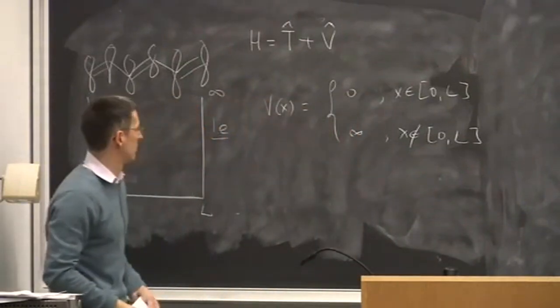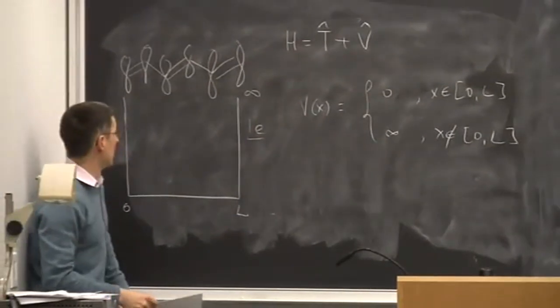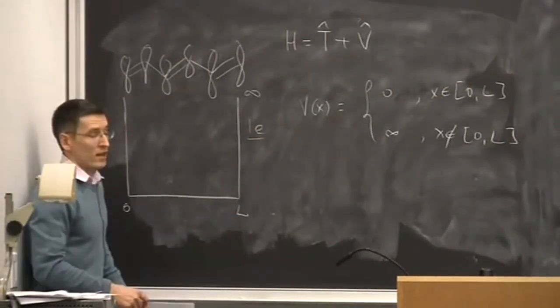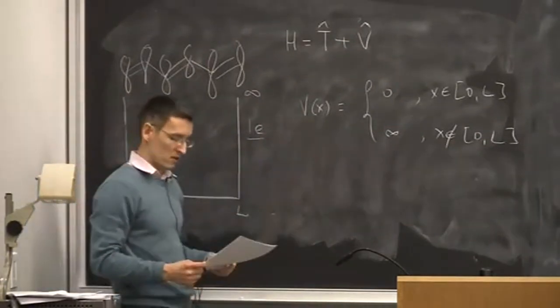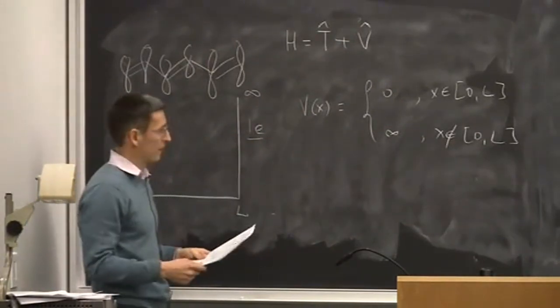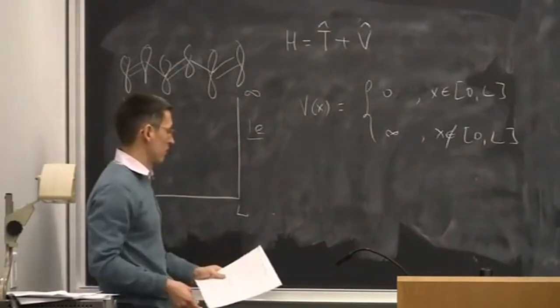So once the electron tries to escape from this range, there is a penalty right away. The potential goes to infinity, so we keep the electron within that range naturally.